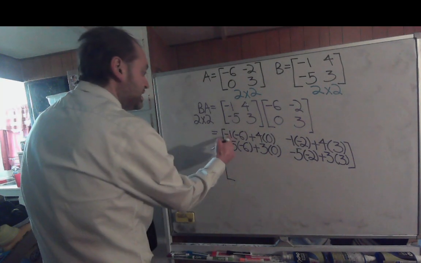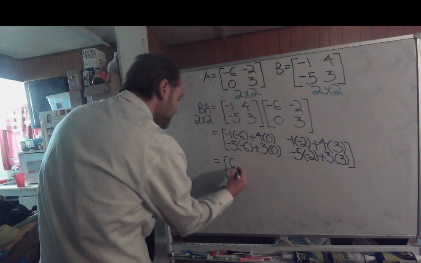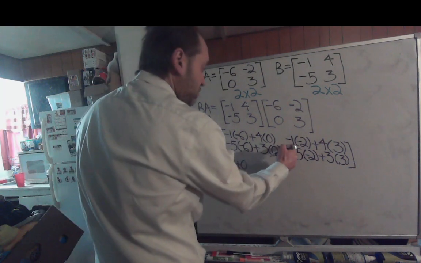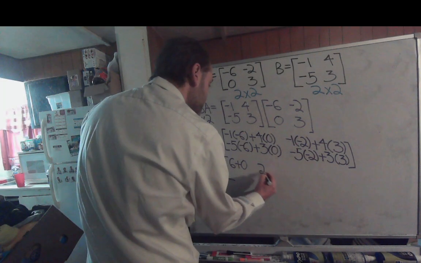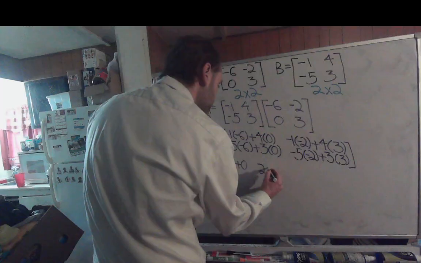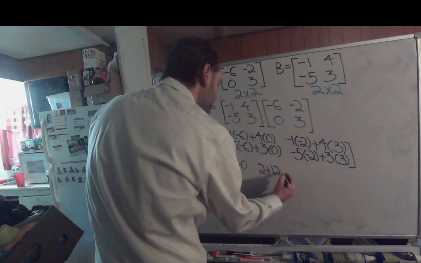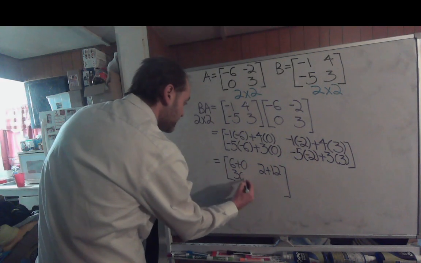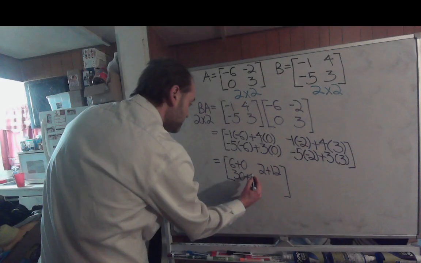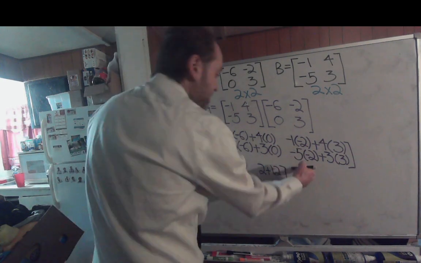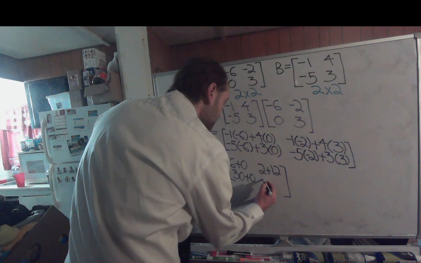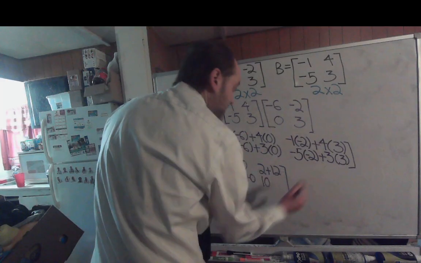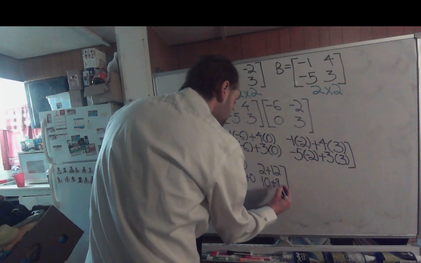You'll end up getting negative 1 times negative 6 as positive 6, plus 4 times 0 is 0. Negative 1 times negative 2 is positive 2, plus 4 times 3 is 12. Then negative 5 times negative 6 is 30, plus 3 times 0 is 0. And then negative 5 times negative 2 is positive 10, plus 3 times 3 would be 9.